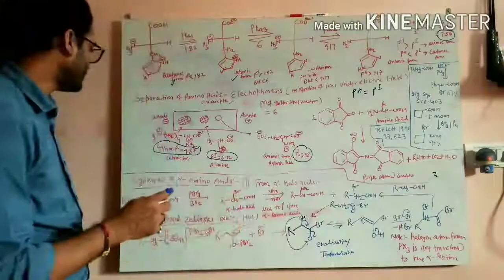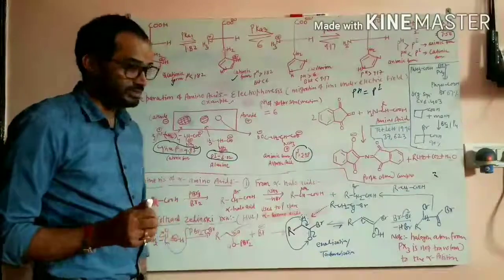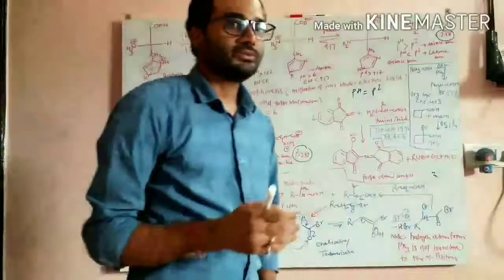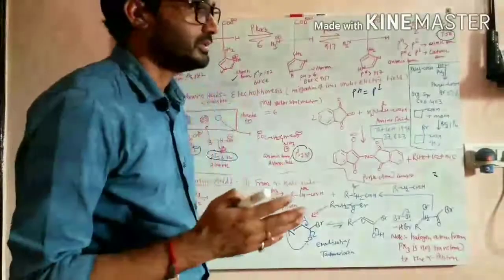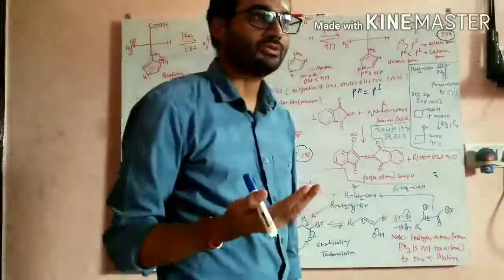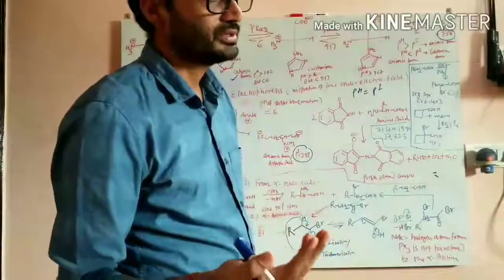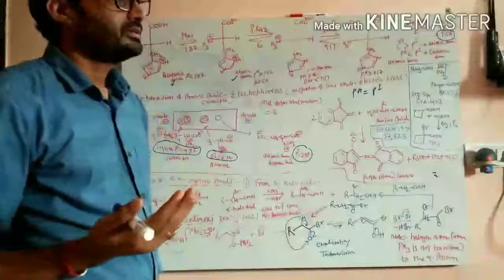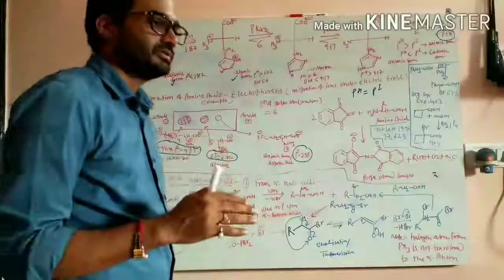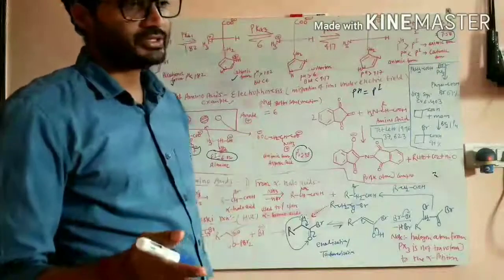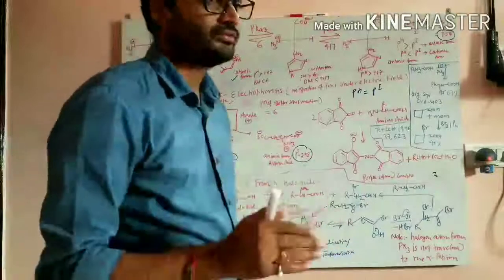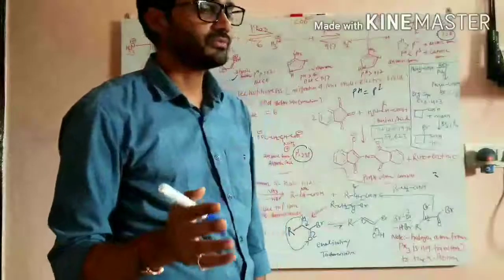next topic is synthesis of alpha amino acids. Now we have done a general introduction about the amino acids, their properties, their acidic and basic properties, and their electrical properties, that is cationic form, anionic form, and zwitterionic form. Okay.